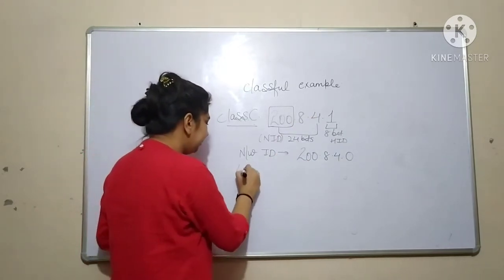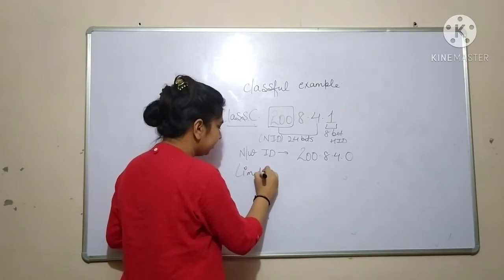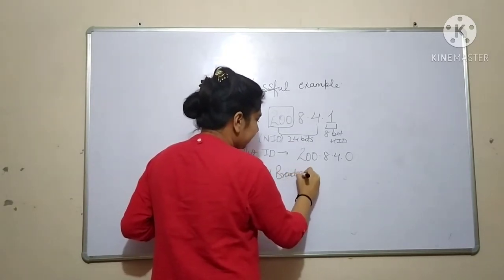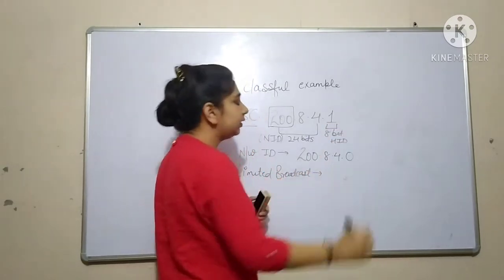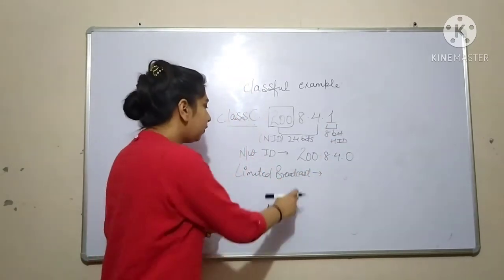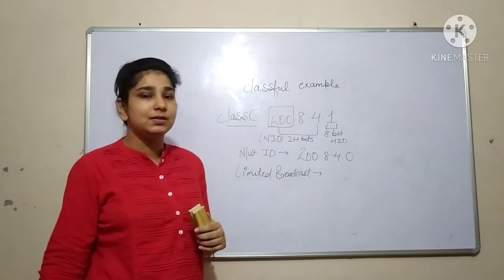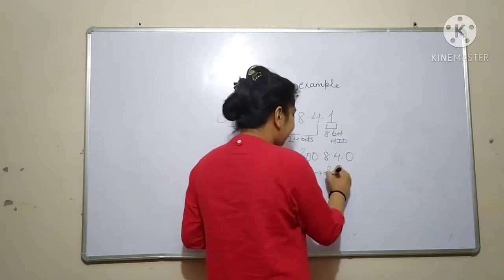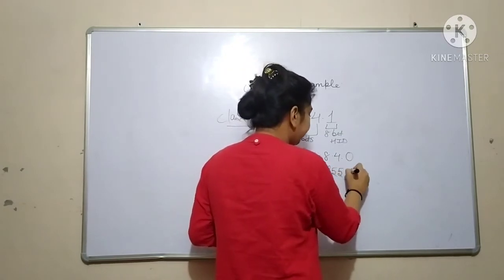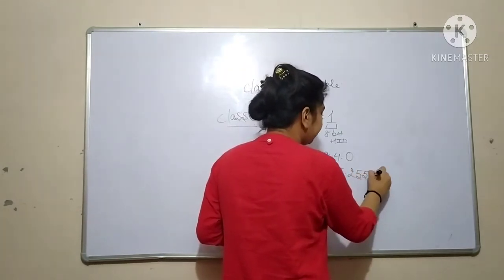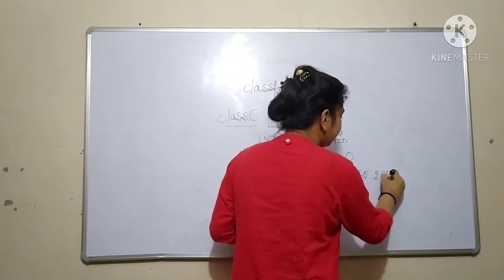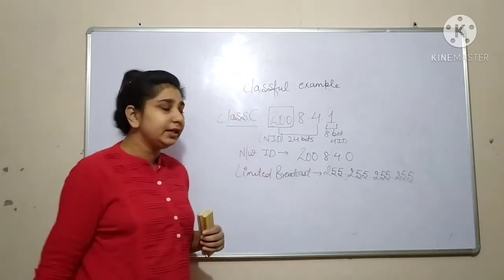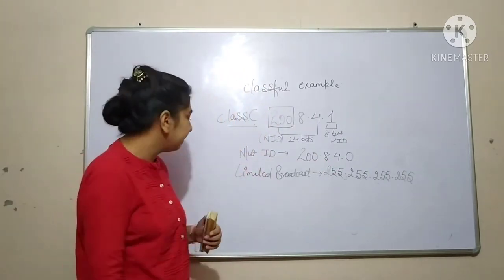Next, we have to find the limited broadcast address. And limited broadcast address is going to be the same for all of the IP addresses. Put all ones in the 32 bits. So 255.255.255.255. So this is going to be your limited broadcast address.